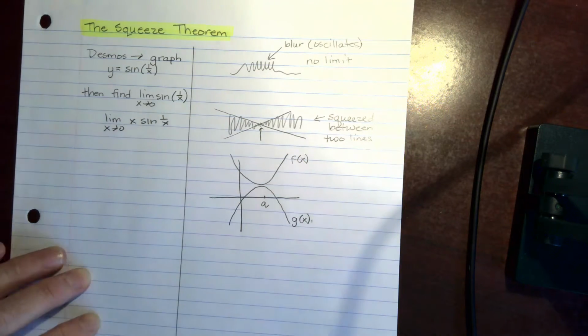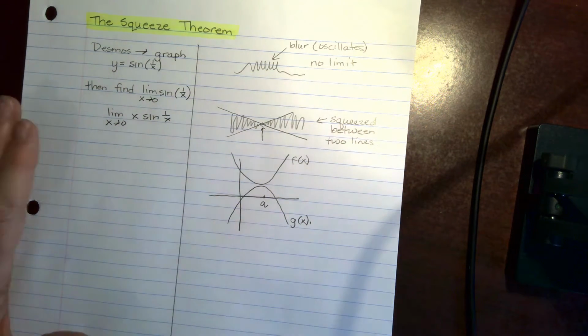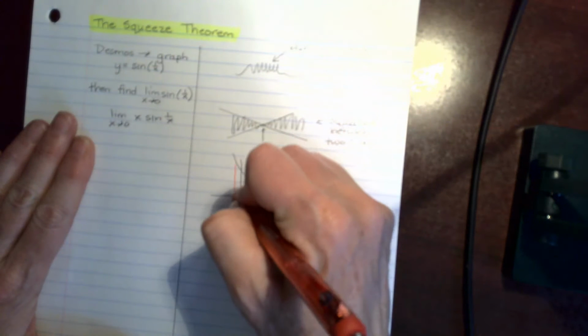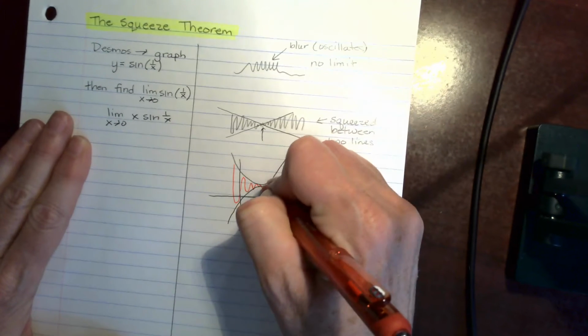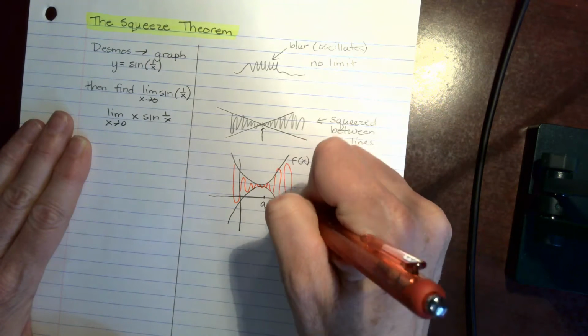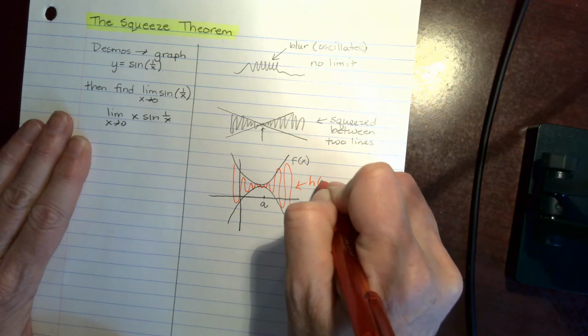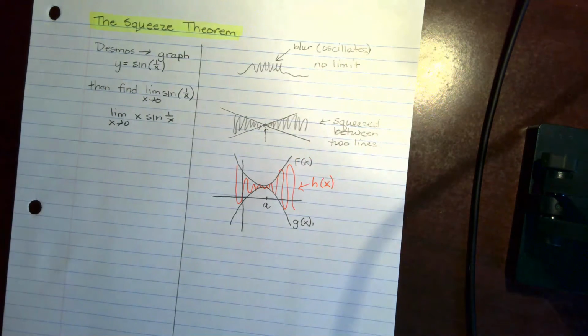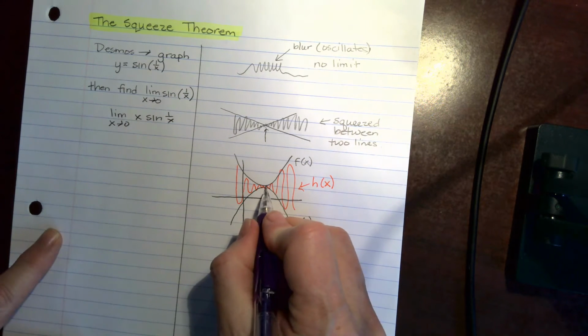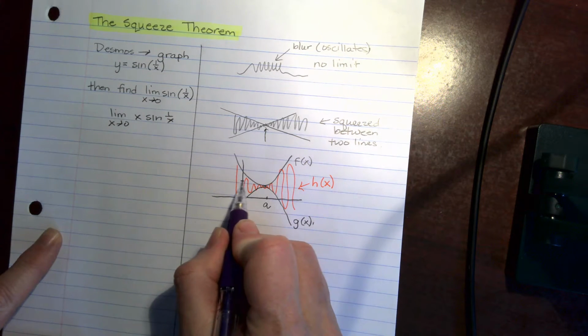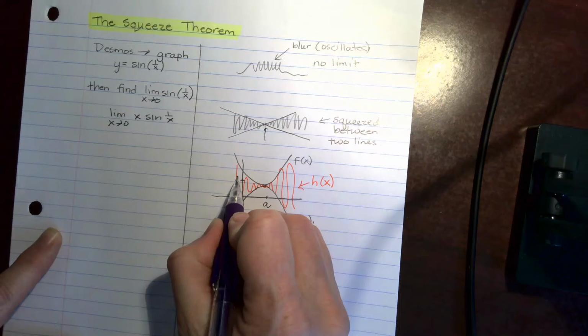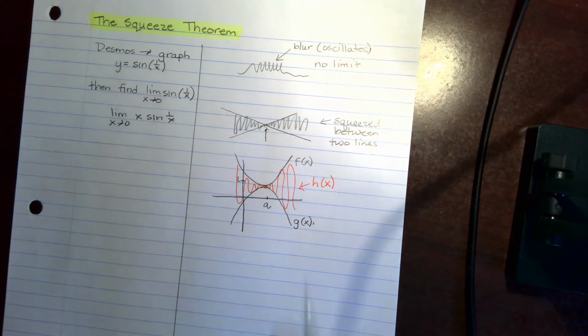And then I'm going to have some crazy function in the middle, and I'm going to call that one h of x. Imagine these actually coming to an actual point right there, and that this is some value. Who knows? 1, 2, 3, who knows what it is.